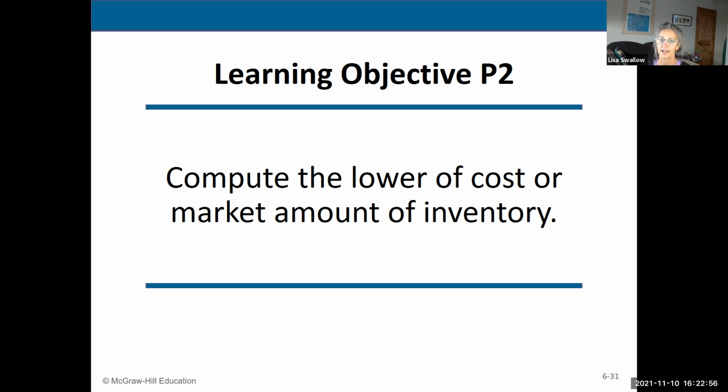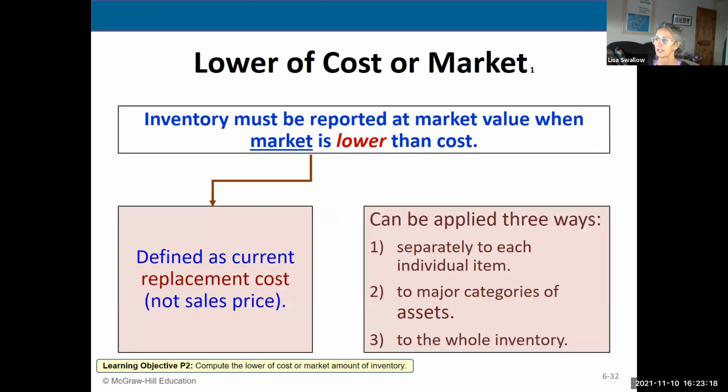In other words, GAAP says, if you have 10 grand of inventory that you bought and brought into your warehouse, and then the market for that drops dramatically, that's actually opposite of what's happening now, but say there's an oversupply of microchips, and so your chip inventory plummets, they make you write down the inventory. Inventory must be reported at market value when market is lower than cost.